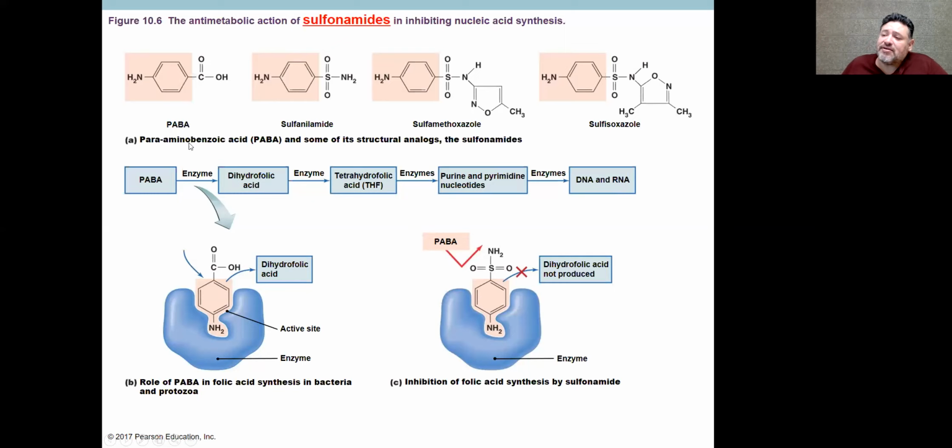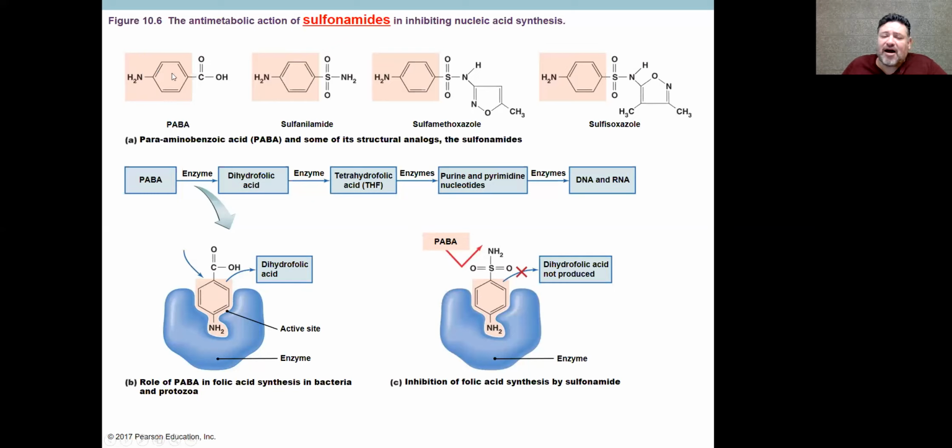So how do we do this? What we do is we create sulfonamides, okay? So sulfa means that it has a sulfur, and amide means that it has an amino group, a nitrogen. There's my sulfur, there's my nitrogen. Sulfur, nitrogen, sulfur, nitrogen. Sulfonamides. Okay, now what? Well, it turns out that this benzene ring, this aromatic ring, and this amino group are identical to the ones in PABA.